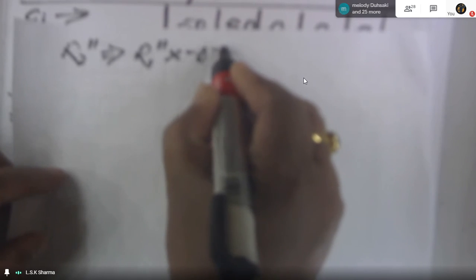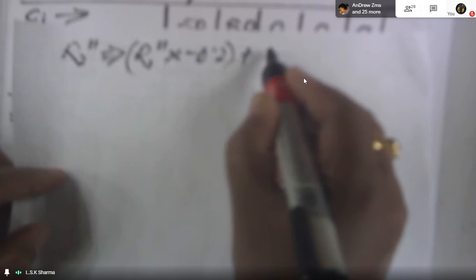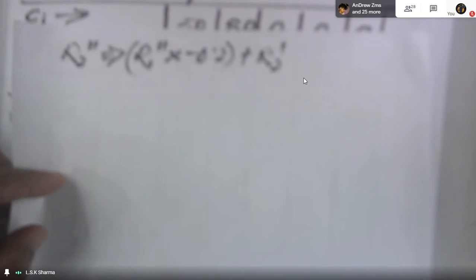Okay, so let me do the rough work again. The rough work for the second is R2 double dash is nothing but R1 double dash multiplied by minus 0.2 and plus R2 dash.